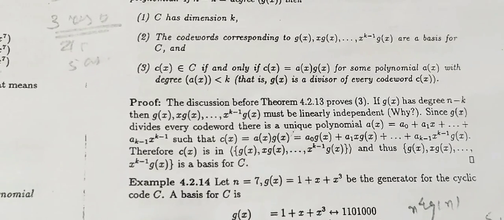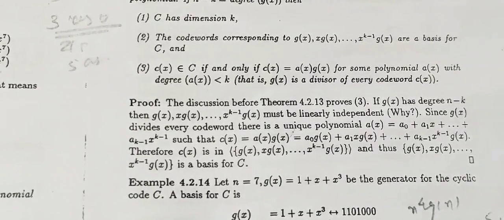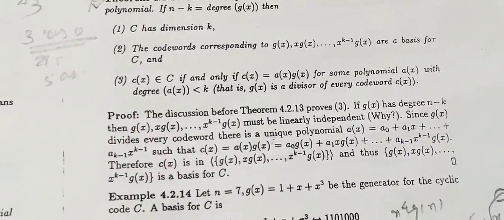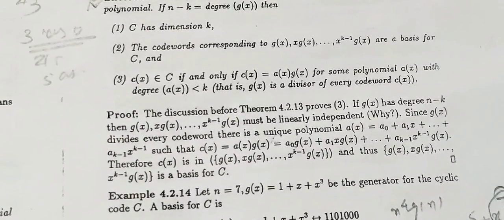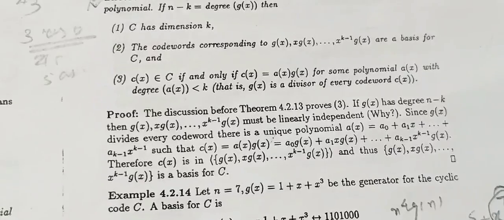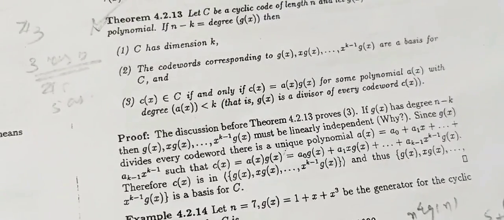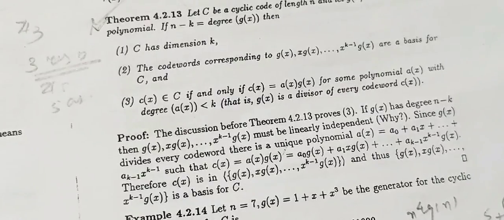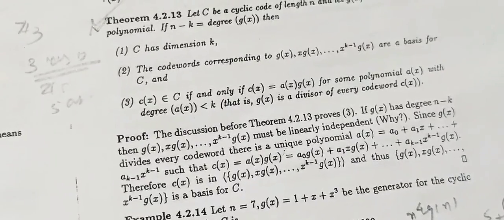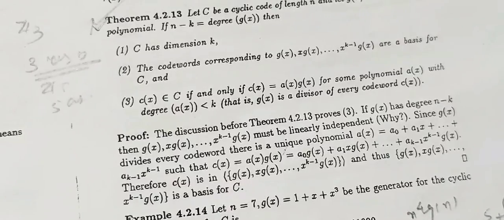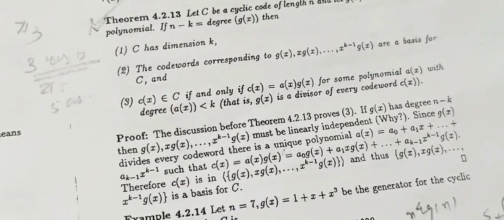So what does our lemma say? The theorem's first statement is C has a dimension k. So already discussed, g of x, x g of x, etc., x to the k minus 1 g of x is a set of elements which form a linearly independent set. Why?